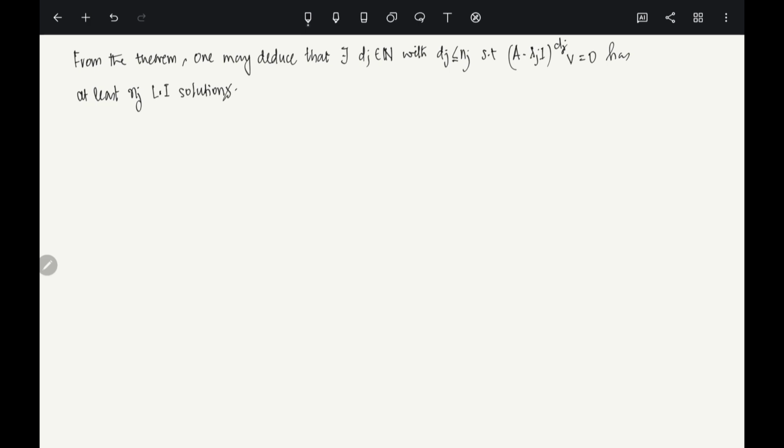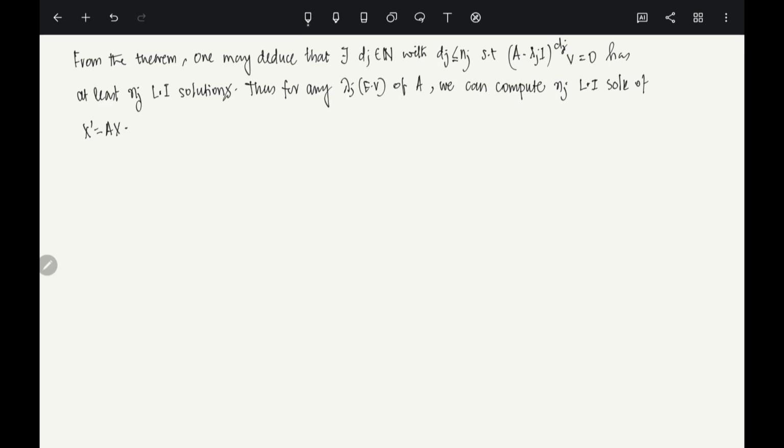Okay, that is always there. Thus, for any eigenvalue lambda j of A, we can compute nj linearly independent solutions of x prime equals A x.